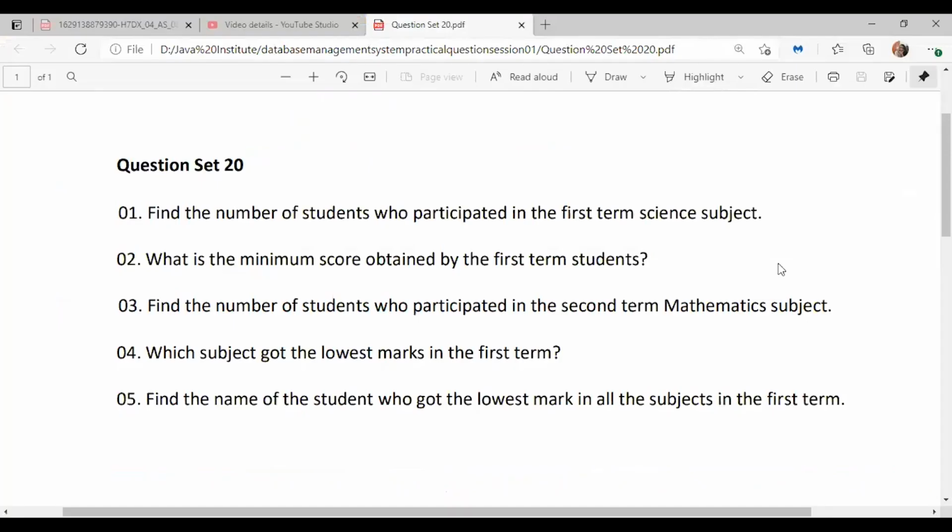And the second question is, what is the minimum score obtained by the first term students? So let's write the query now for this.